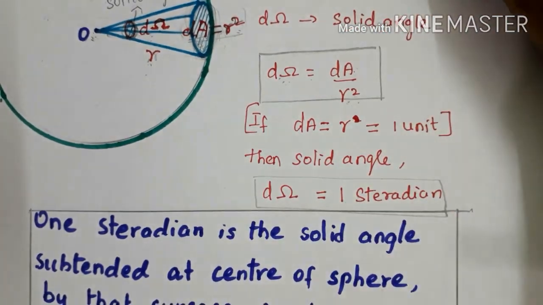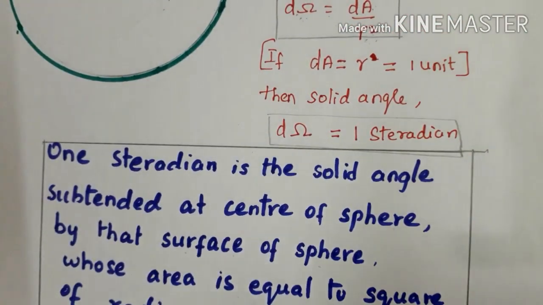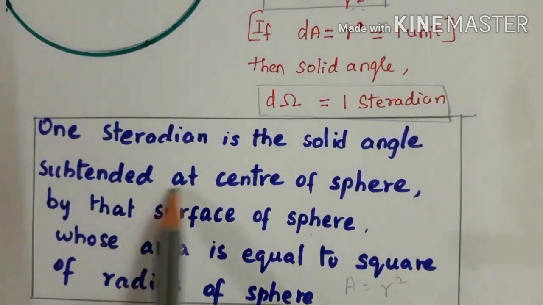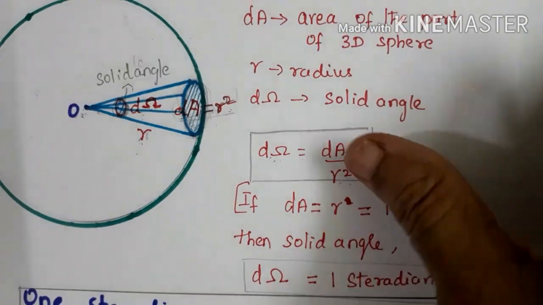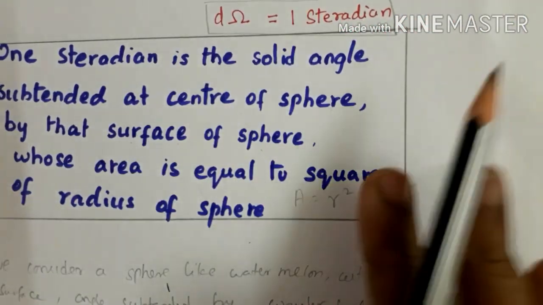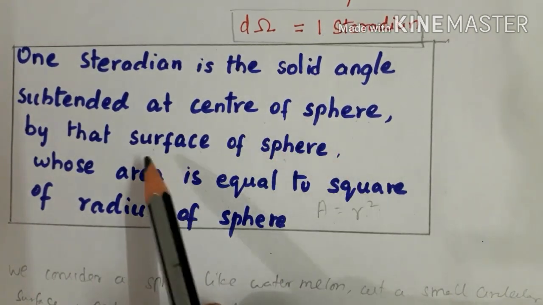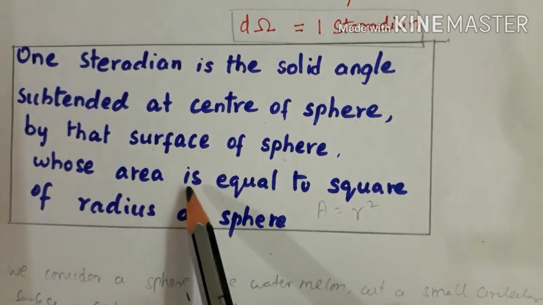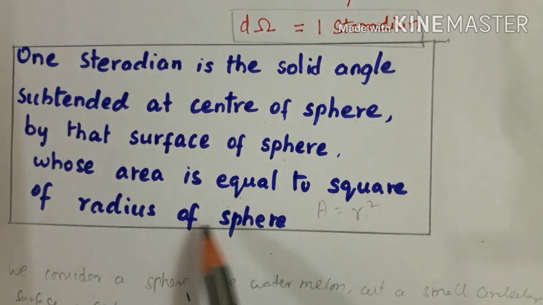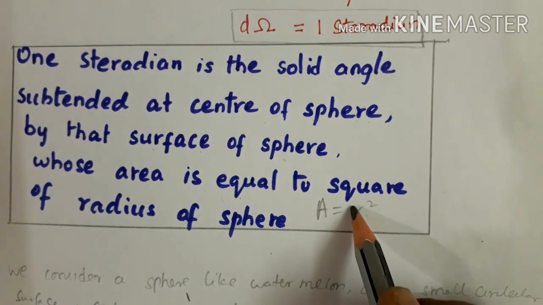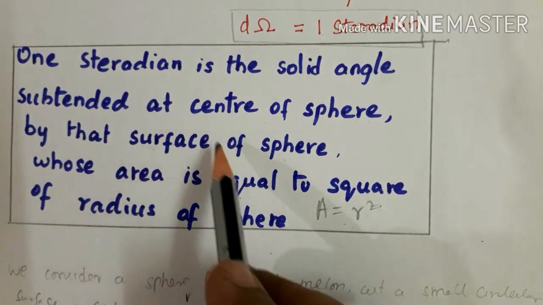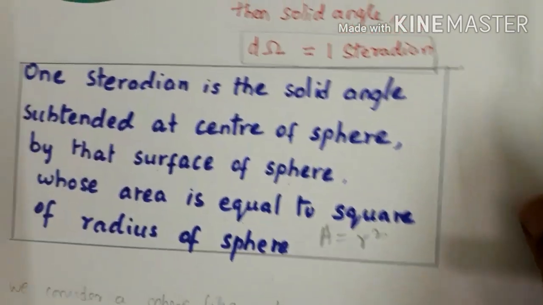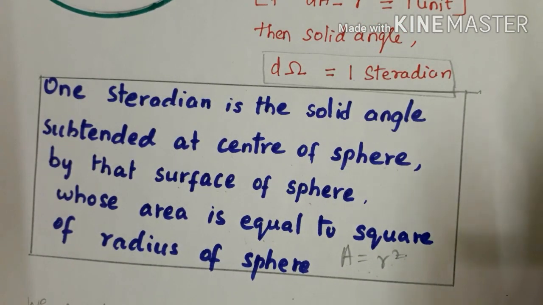So what is 1 steradian? 1 steradian is the solid angle subtended at the center of the sphere by the surface of the sphere whose area is equal to the square of the radius of the sphere. So you should learn the definitions of radian and steradian.